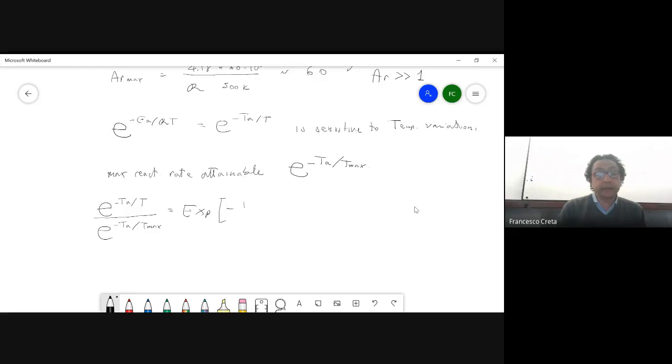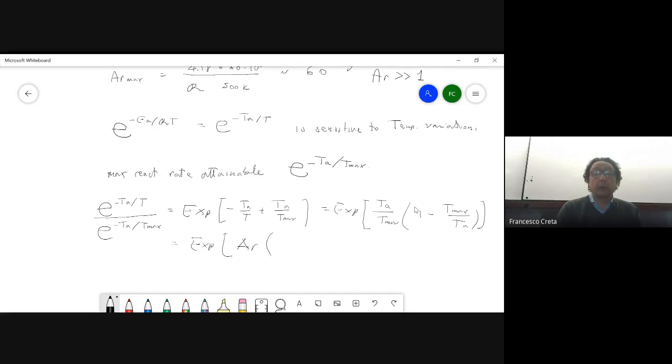This will be the exponential of minus TA over T, minus is a plus, so TA over T max. You can take the TA over T max out, and this multiplies 1 minus T max over T. Very simple. And essentially, TA over T max is the Arrhenius number, times 1 minus T max over T.